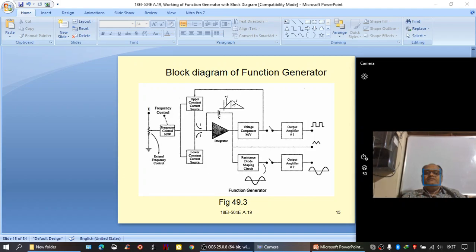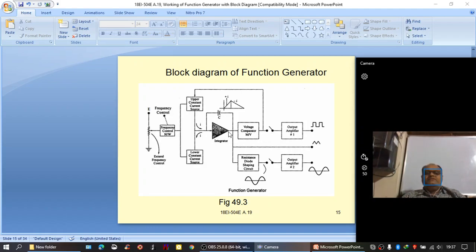Once the capacitor charges to the full value, here when the capacitor is charging, you will get a control signal at the output of the voltage comparator multivibrator, which is nothing but a square wave.